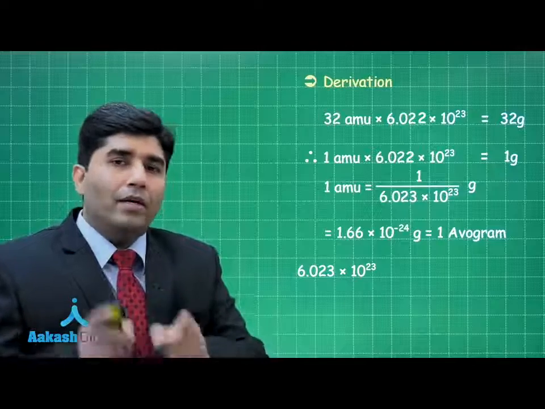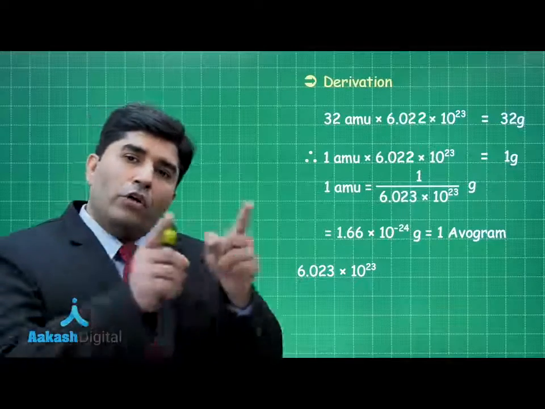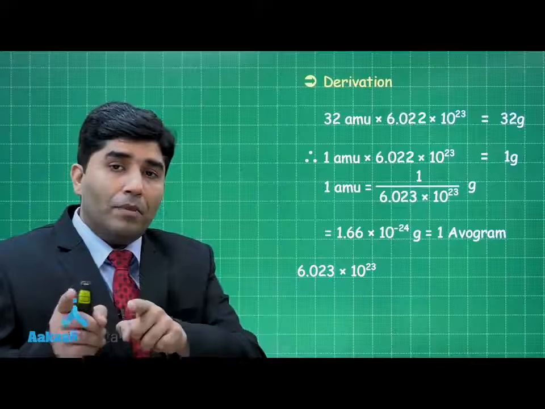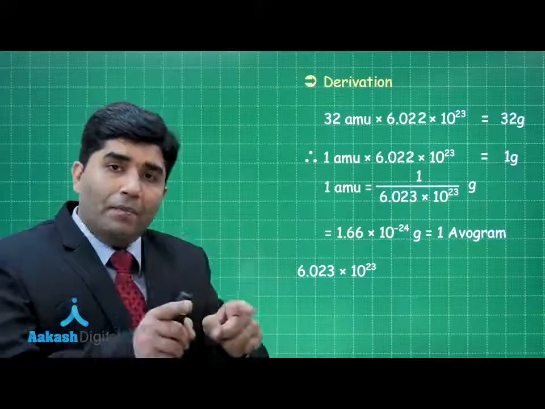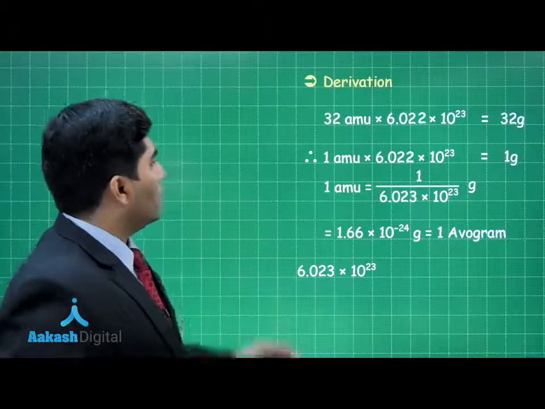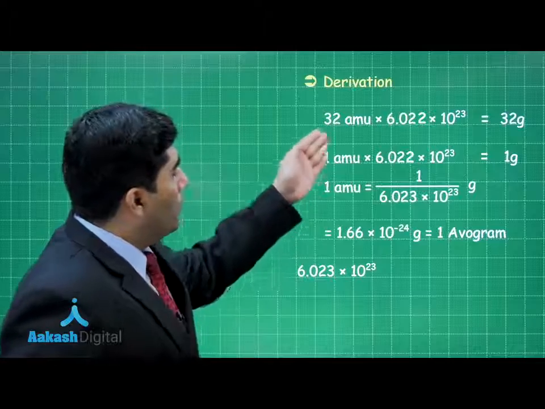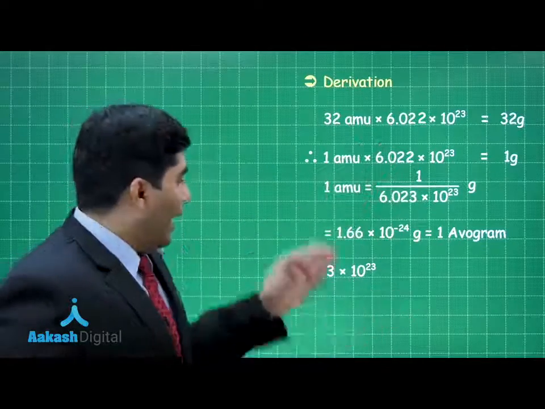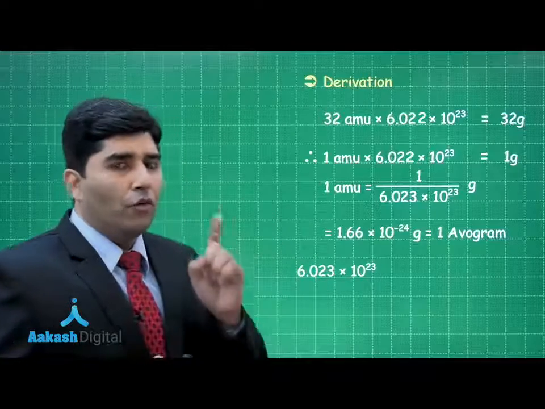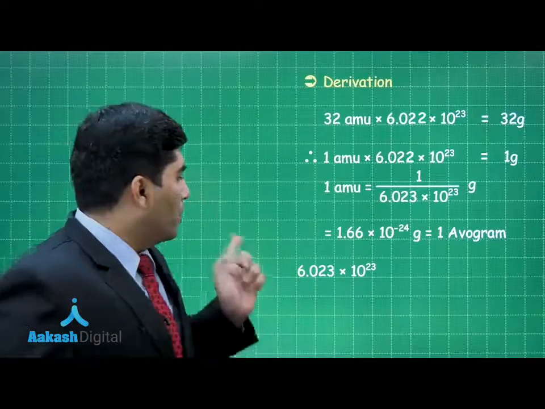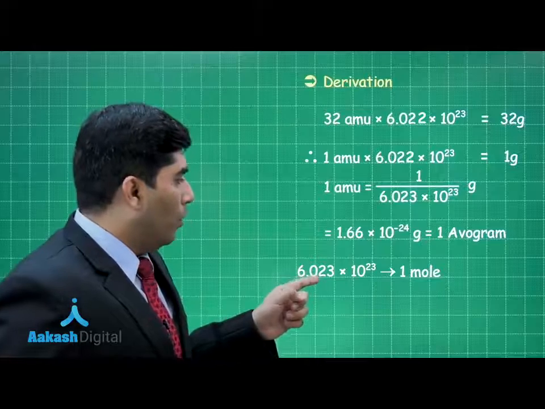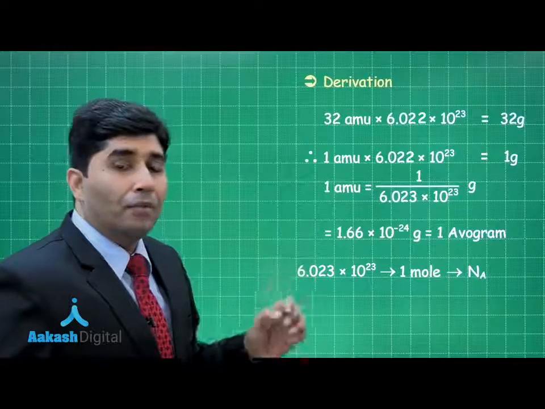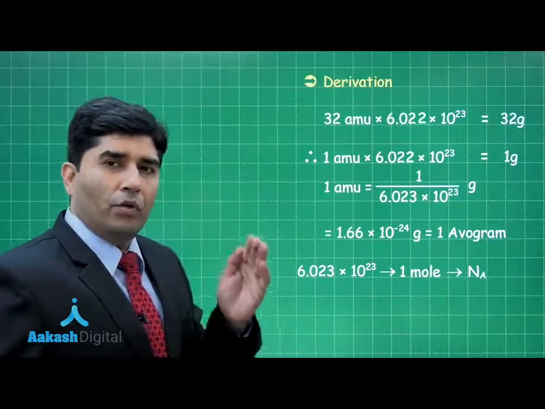We know that 1000 grams is equal to 1 kg, 1000 milligrams is equal to 1 gram. In the same way, 1 AMU multiplied by this number is equal to 1 gram, and this number is equivalent to 1 mole. It is designated by Na, that is Avogadro number.